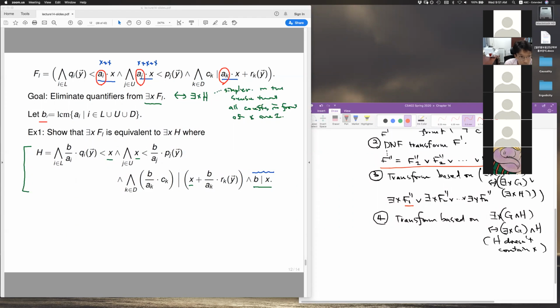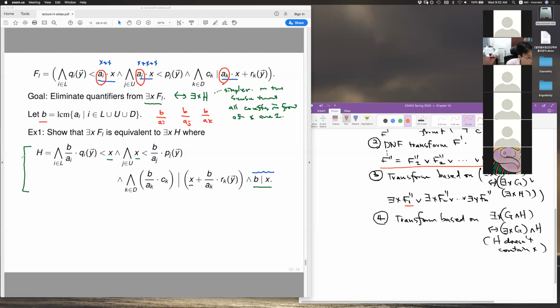Because B is the least common multiple of all these AIs, if you divide B by AI from the first case, or divide B by AJ from the second case, or B by AK, they are all natural numbers, because B is a least common multiple of AI, AJ, AK.